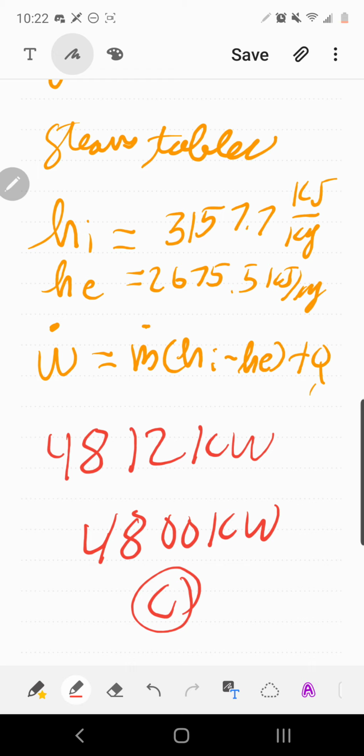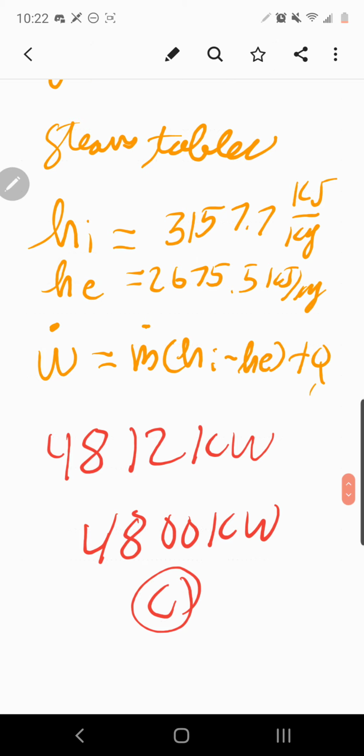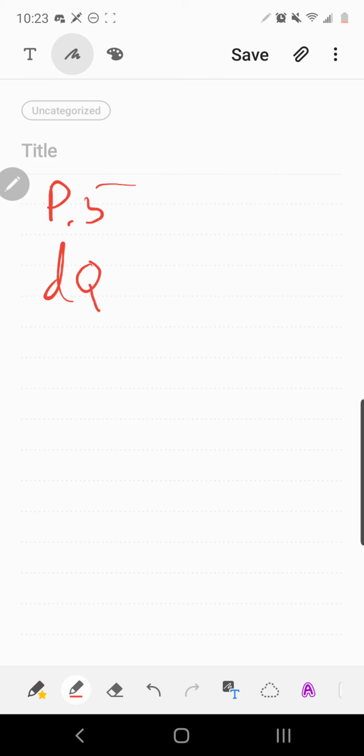All right, we will move on to problem number 5 now. Which type of process is the equation dq equal to T ds valid?